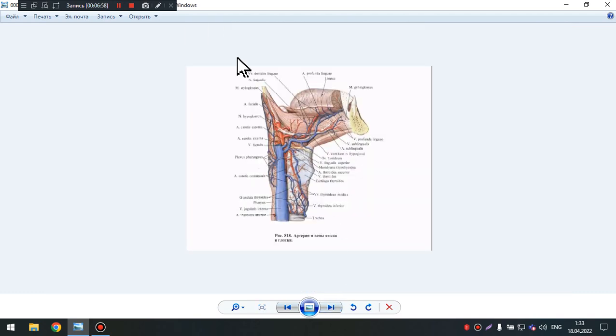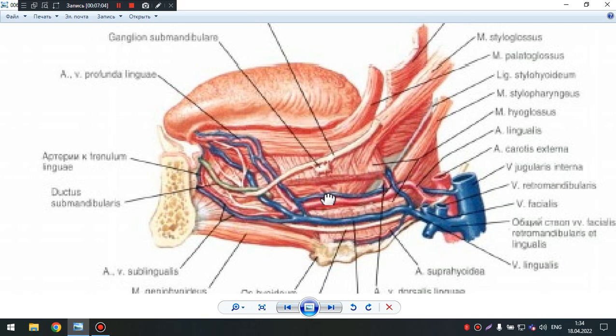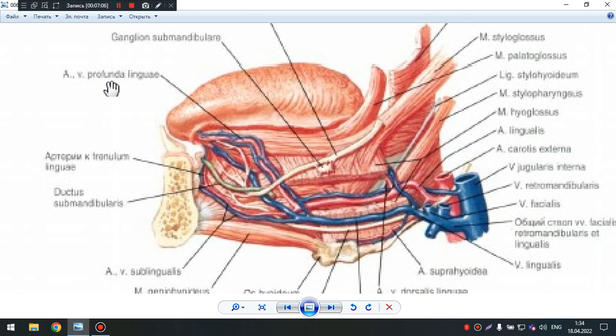On the tongue, the lingual artery gives 2 branches. Deep lingual artery, which blood supplies the proper skeletal muscles of the tongue.